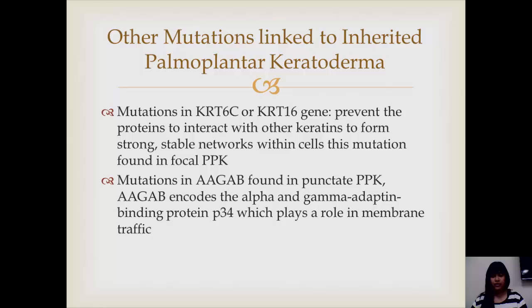The mutations prevent proteins from interacting with other keratins to form strong, stable networks within cells. This type of mutation has particularly been found in focal PPK. Other mutations have been found in AAGAB, which encodes the alpha-gamma adaptin binding protein P34, which plays a role in membrane traffic as a chaperone. This particular mutation has been found mostly in punctate PPK.